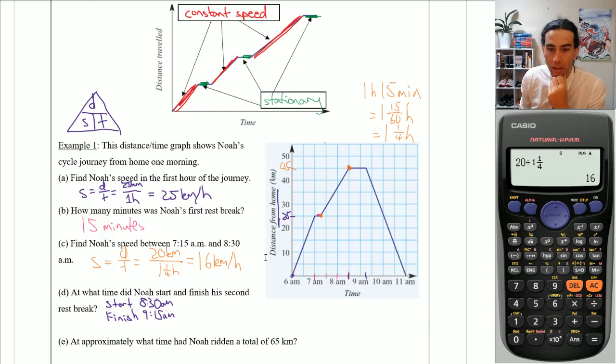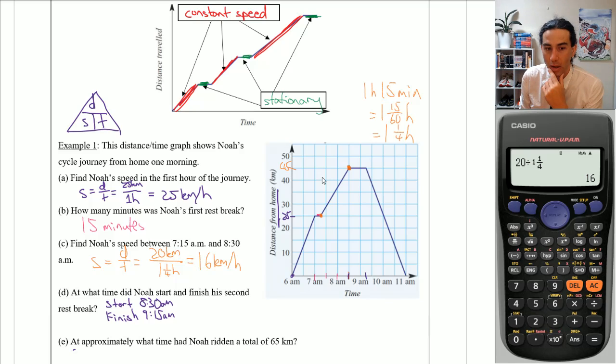Approximately what time had Noah ridden 65 kilometers? Now this is tricky. So 65 kilometers, you look at the graph, it's never got up to 65. So he went forwards and then went back. In total, you can see he went 45 Ks forward. So how long did it take him to go an extra 20 Ks?